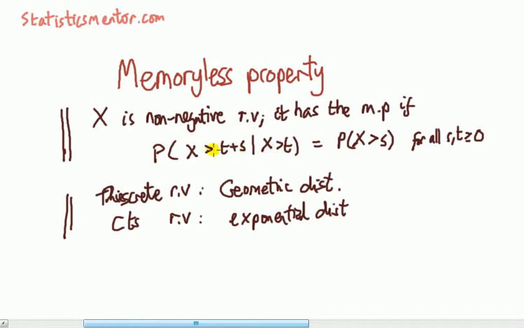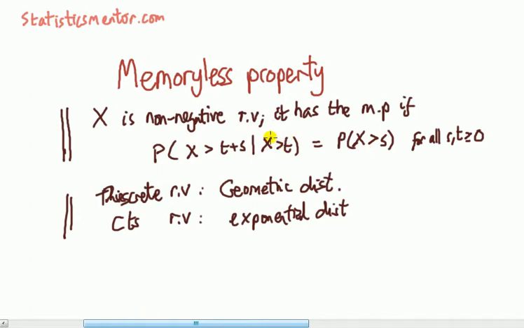The chance that you need at least another s throws to get that head is the same as if you just started from the beginning, that you need more than s throws to get a head.